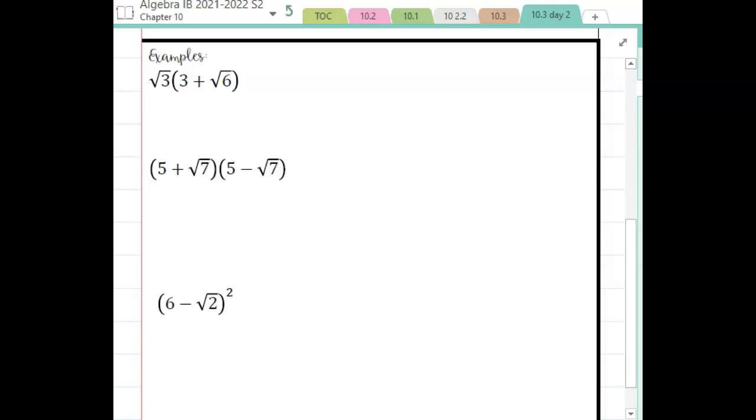So this first one here, if I have the square root of 3 times the quantity 3 plus the square root of 6, this is a distributive property problem. You're going to do this the exact same way as if this was a number being distributed into a polynomial expression.